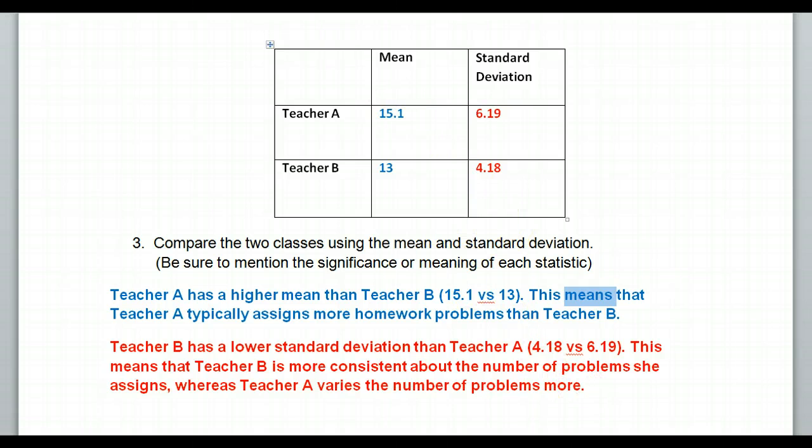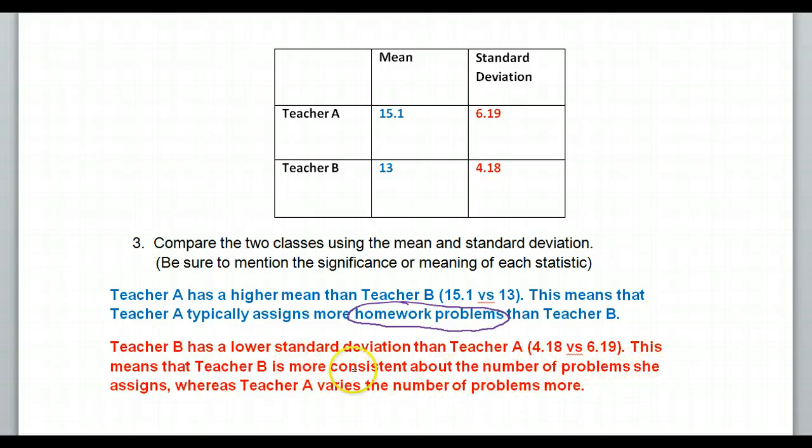One more thing just to emphasize one more time. When you write that second sentence and you're telling me what it means, in both cases, you have to mention what the problem is about. This problem is about homework problems, the number of homework problems. So this sentence has to mention teacher A assigns more homework problems.